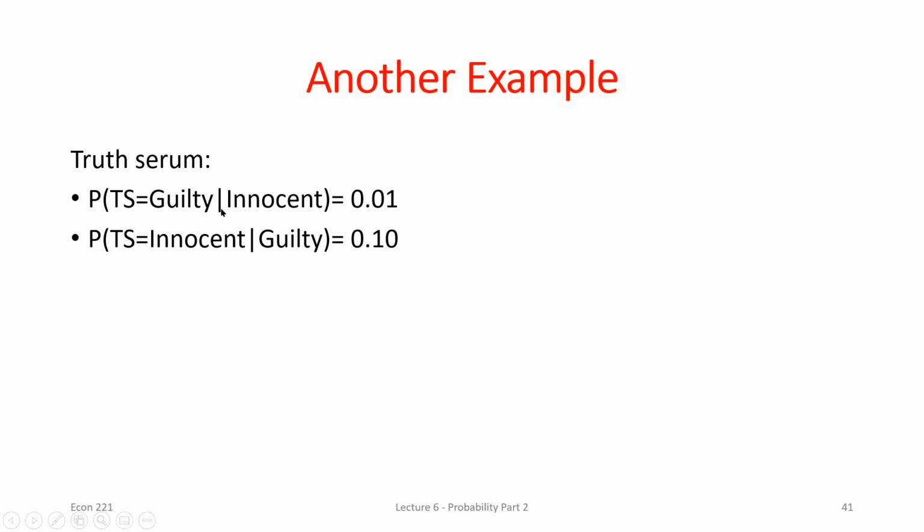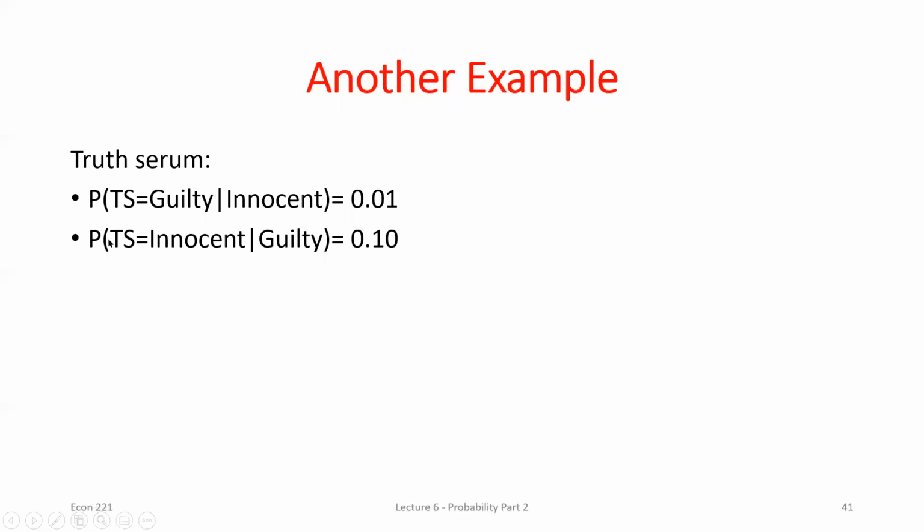Given that someone's innocent, this truth serum makes them say that they're guilty 1% of the time. So essentially, we can think about it as a false positive here, in the sense that innocent people are incorrectly saying they're guilty 1% of the time, but the truth serum kind of works and makes them say they're innocent 99% of the time.